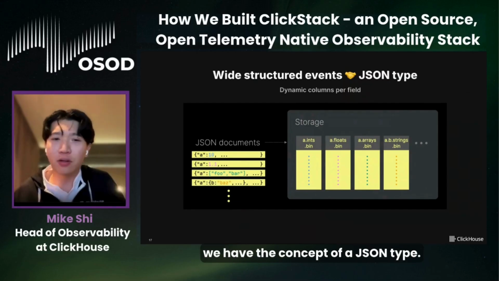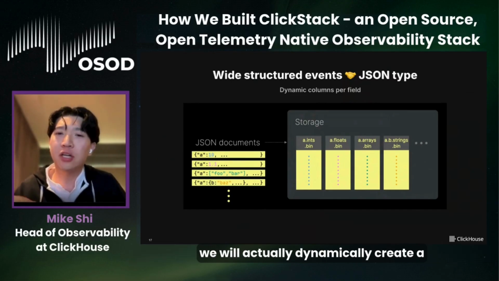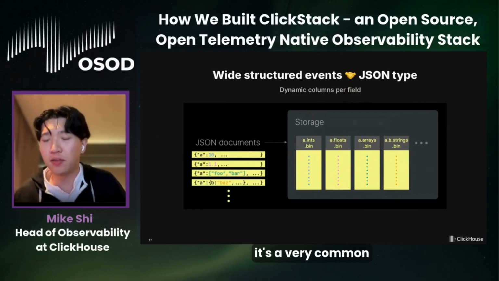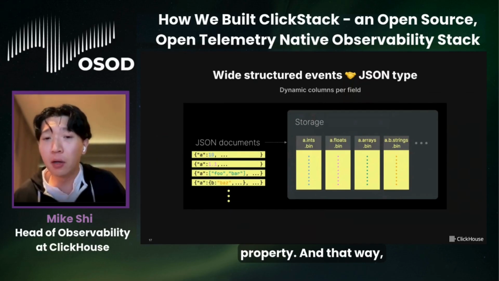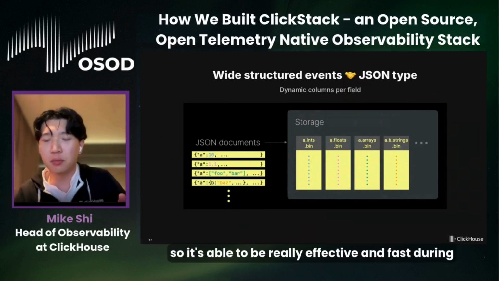Here within ClickHouse, we have the concept of a JSON type. And this means that every time we see a new property, we will dynamically create a column if it's a very common property. That way, we store really common properties as a dedicated column, so it's really effective and fast during searching.